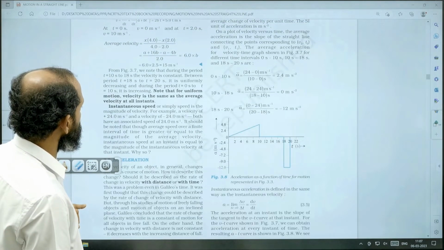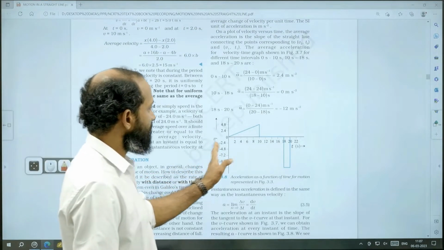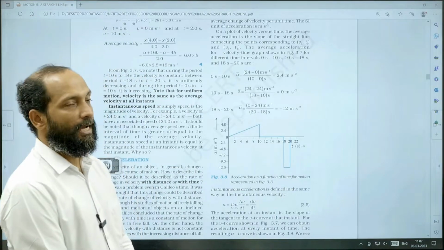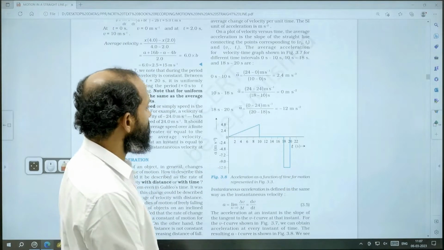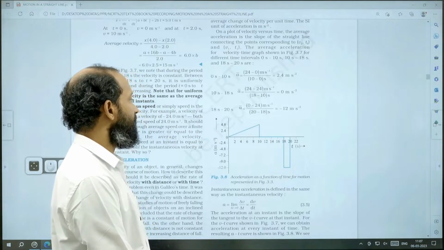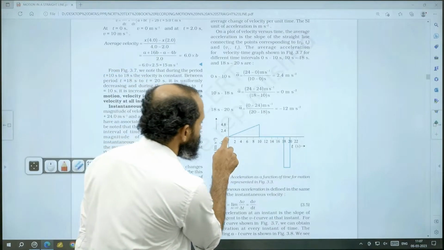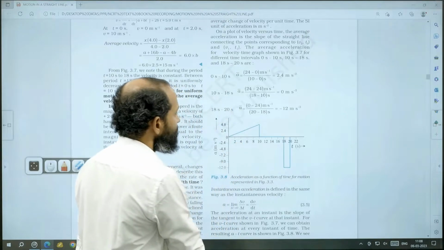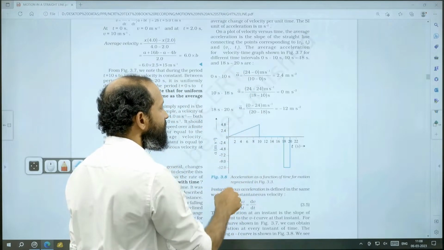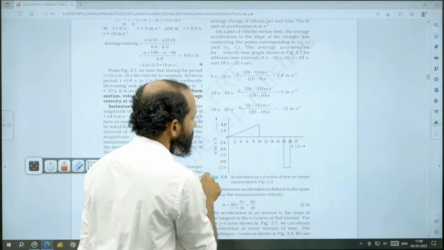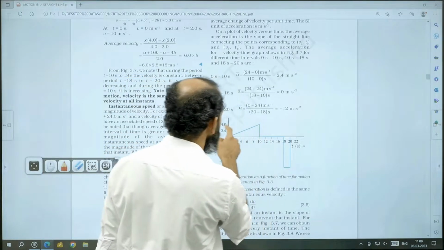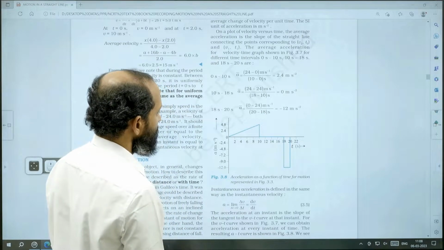You can see this graph is also important. Acceleration time graph. From the area under the acceleration time graph, you can find the change in velocity. Here, positive area, 0 seconds to 10 seconds, area is positive. So change in velocity is positive. Initial acceleration 0. Acceleration at 10 seconds is 4.8 meter per second square.